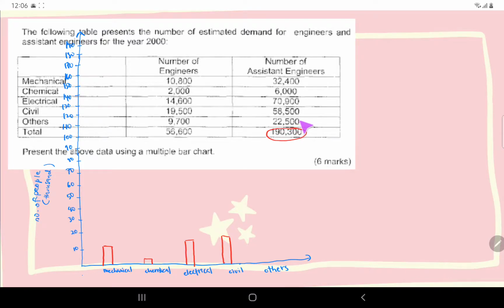So our vertical axis should only go up to the largest, which is 70,000. So it should be until here only. Okay, I will draw another chart.